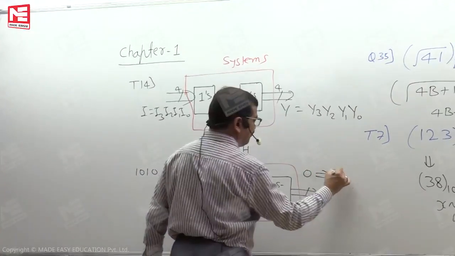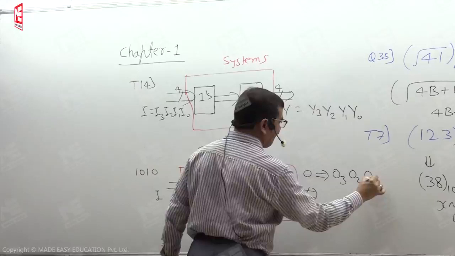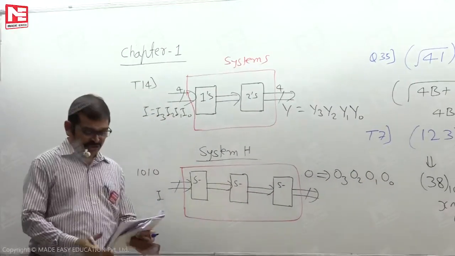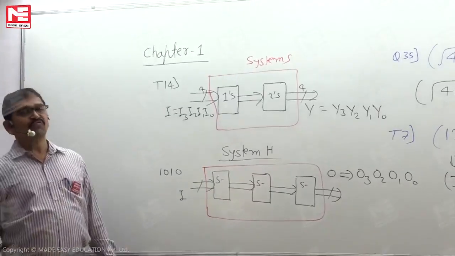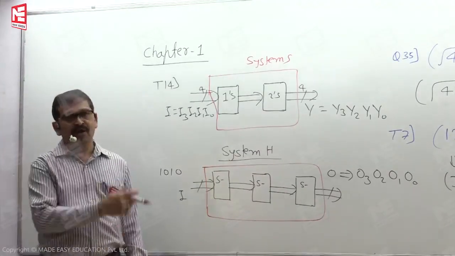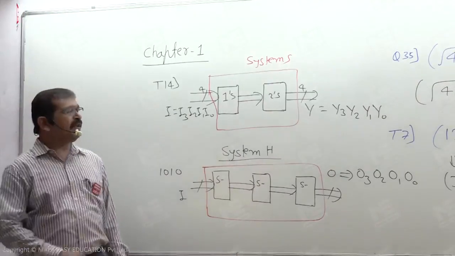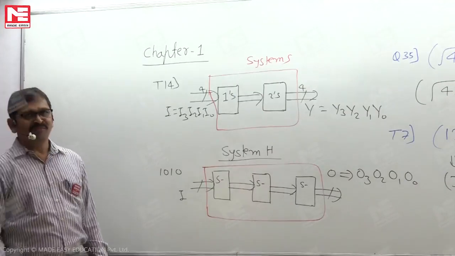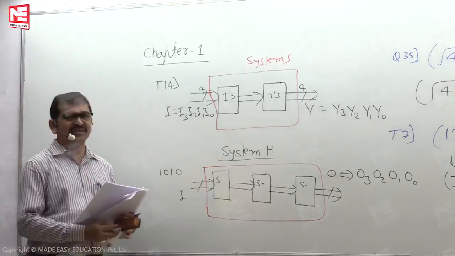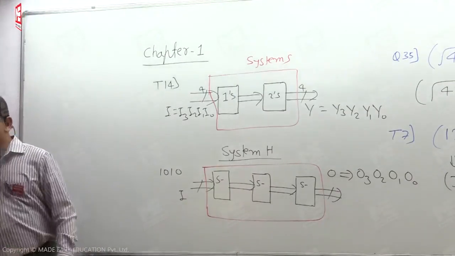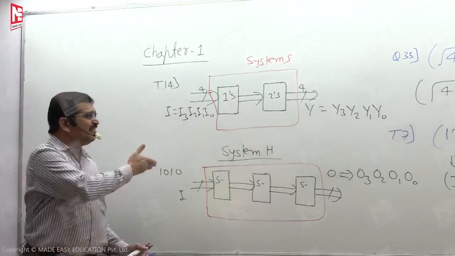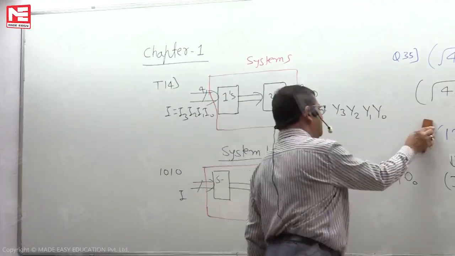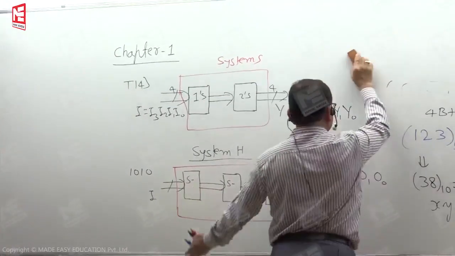To answer this question, we need to know first what operation or manipulation a system is doing on the given input. We need to understand the functionality of a system. Once we understand the functionality of the S system, we can say what the answer is for this cascade connection.